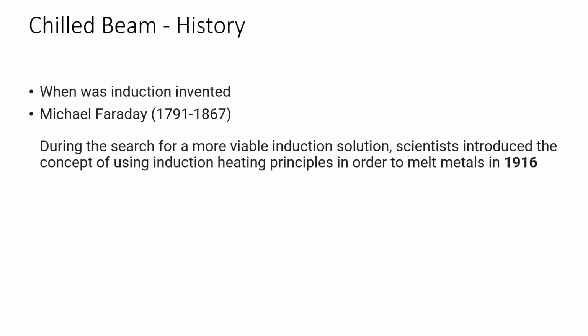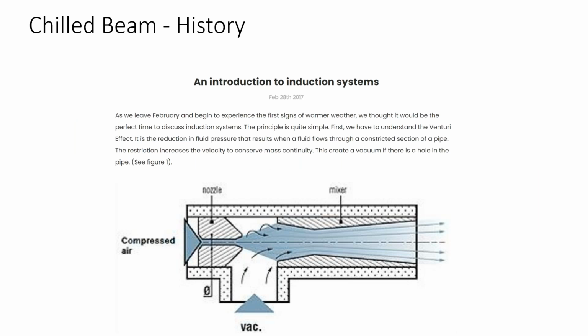And then from there, we go all the way into the early 1900s, where once again, scientists were using the induction process for more heating principles, melting metals, and foundries and such.